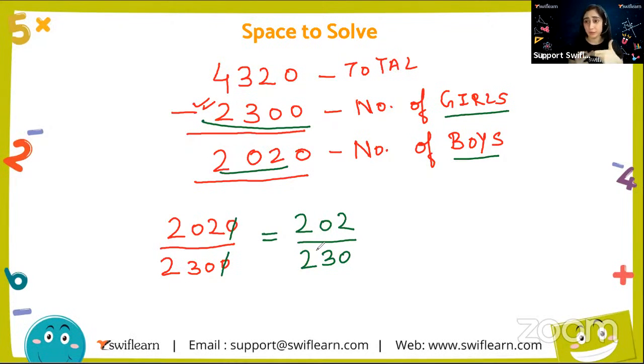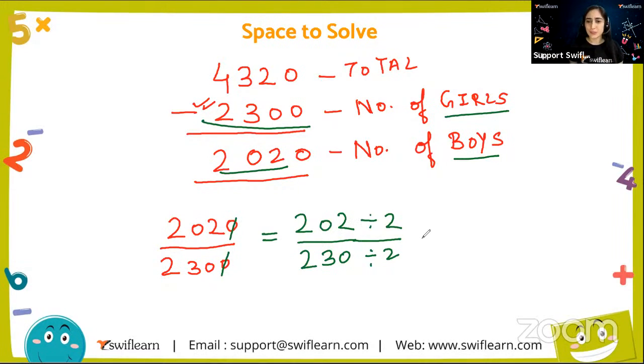Let me divide by 2, because I know this is an even number. The last digit is 2 and 0, so I'm sure it's an even number, so it is divisible by 2. Let's be very simple and straightforward.